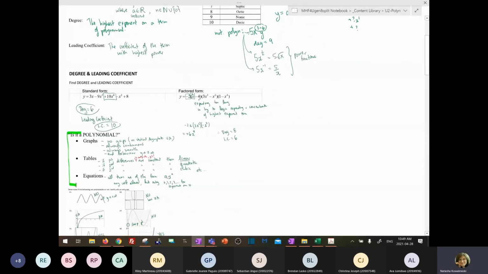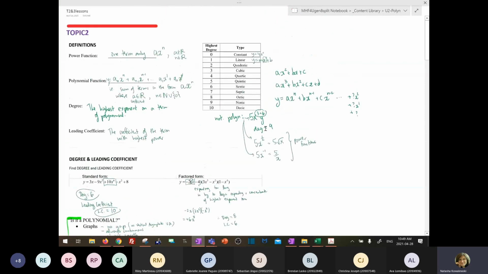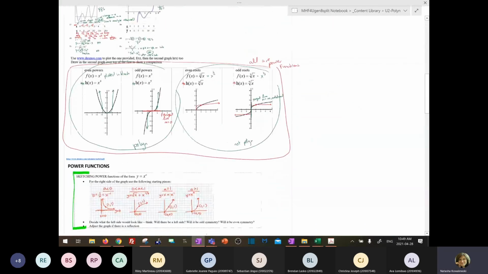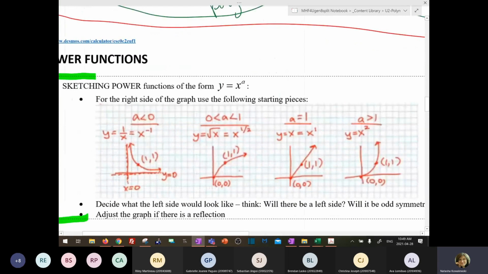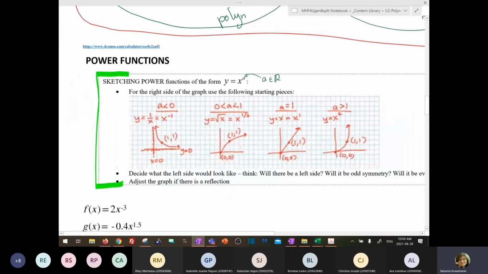Probably this information here that captures pretty much everything that I had up there as well. You could also just add over here, because if you don't want to put it twice, you could just say here a can be anything. This exponent doesn't have to be only natural numbers.